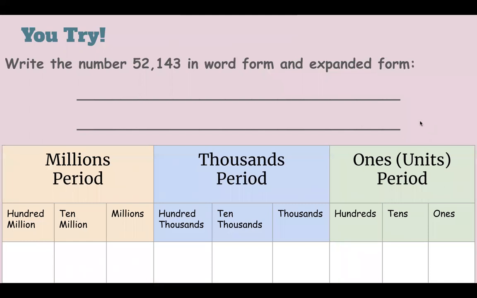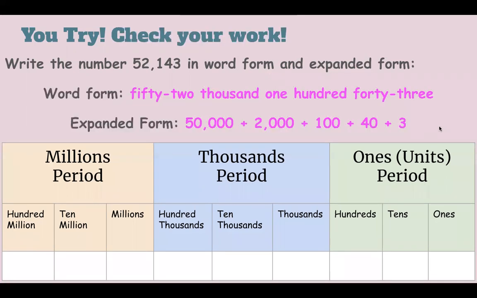Okay, hopefully you paused the video and solved that. So let's take a look at your answers. So for word form, you should have 52,143. And notice that I do put a little hyphen in between when there's a 10 and a ones. So 52 gets a hyphen, 43 gets a hyphen. You don't always have to, but typically there would be a hyphen there.